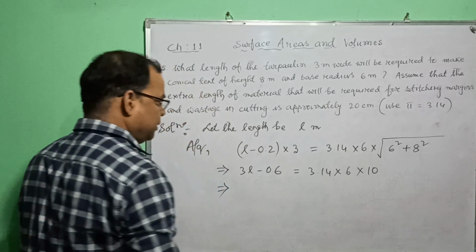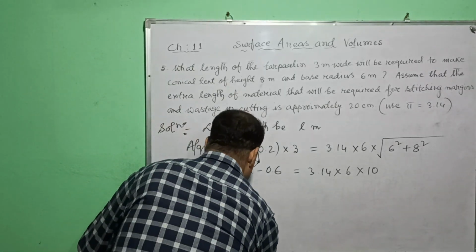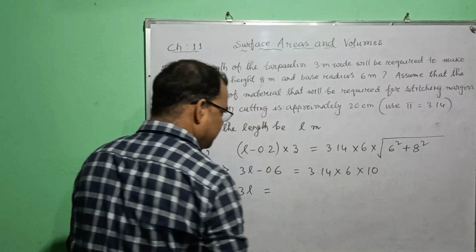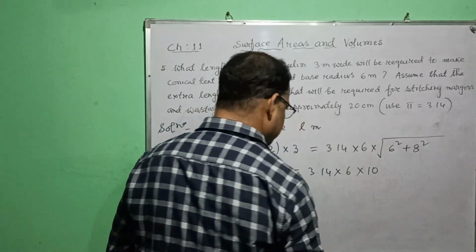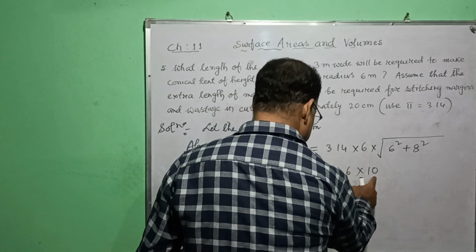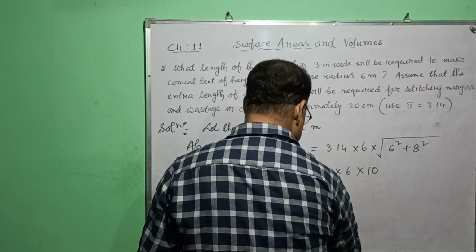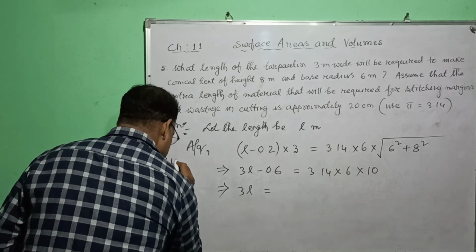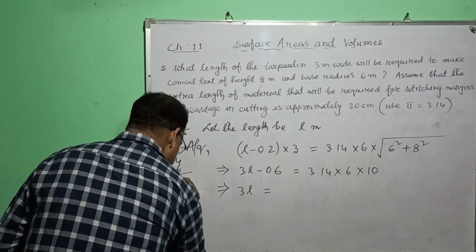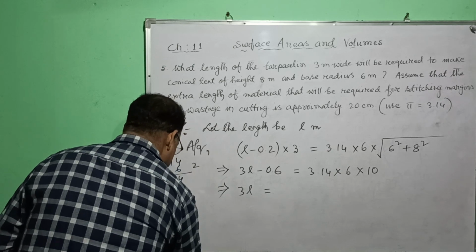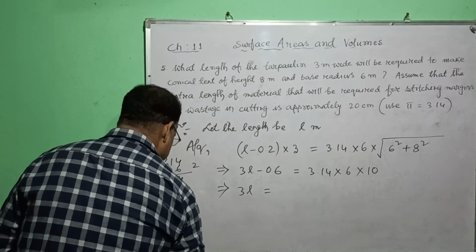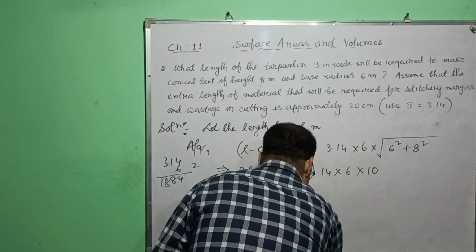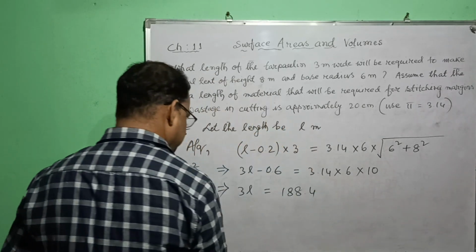This implies 3L equal to, if we multiply it, here 10 is multiplied, so it is 31.4 into 6, which is 188.4.